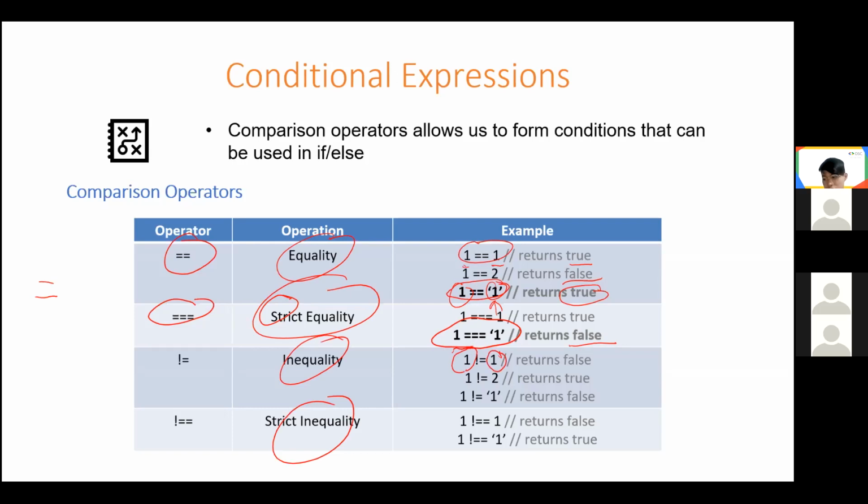But since they're equal, you return false. Similarly, you can see the strictness comes in as well. I'm still returning false here. I have a number and a string, and they are not equal, so I return true.